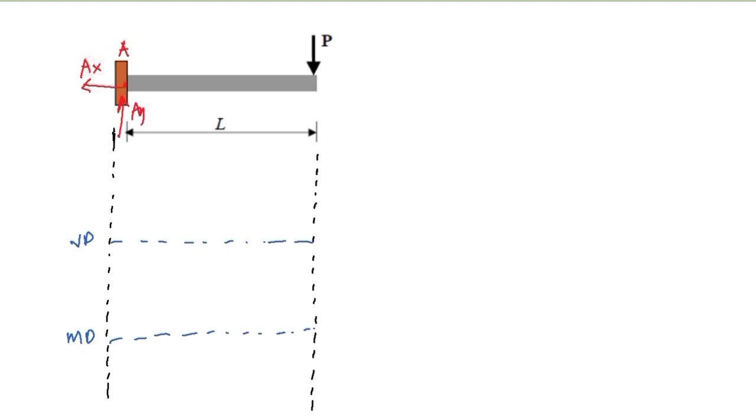But as you can see, we have no horizontal load, so this would be equal to 0. And of course, we will have a moment at point A, which we assume is counterclockwise.